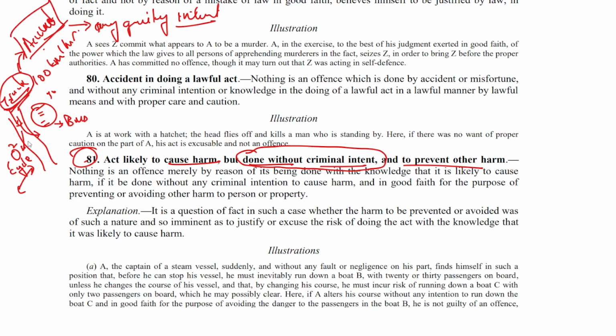If that act is done without criminal intention and in good faith for the purpose of preventing or avoiding other harm to a person or property, then this particular act will be considered as an accident and not a crime.